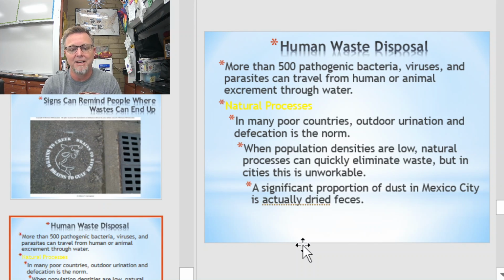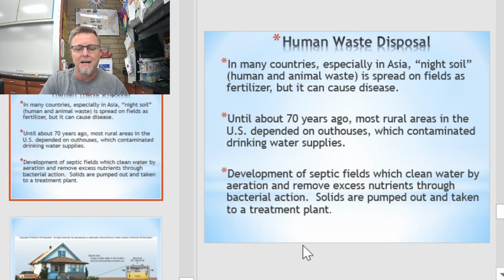More than 500 pathogenic bacteria, viruses, and parasites can travel from human or animal excrement through the water. So just eliminating that alone is a huge first step. In many poor countries, outdoor urination and defecation is pretty much the norm. If we could provide wastewater treatment on a global scale, think of the impact that we could have, okay?